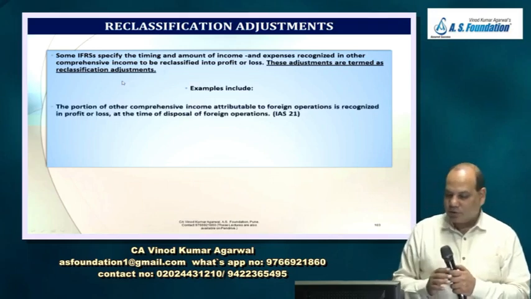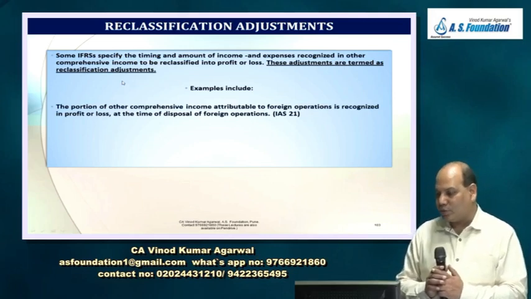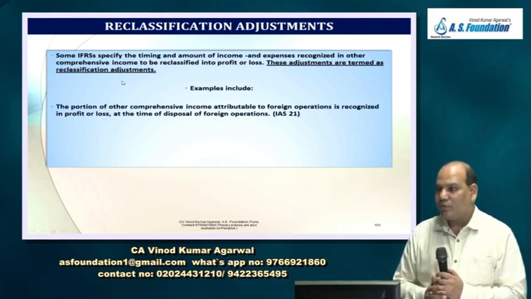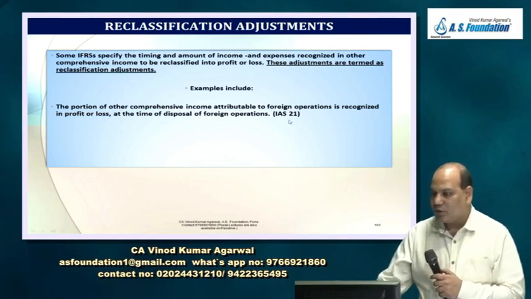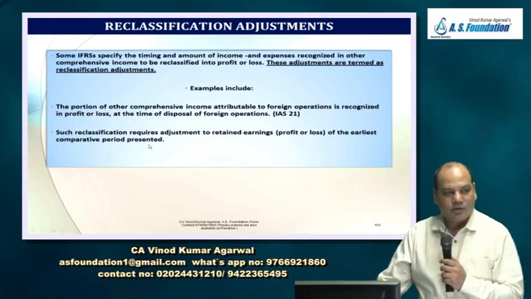Example also I have written the same one. The portion of the OCI attributable to foreign operation is recognized in profit or loss at the time of disposal of foreign operation. Which standard? IAS 21. Such reclassification requires adjustment to retained earning, that is profit or loss, of the earliest comparative period presented.